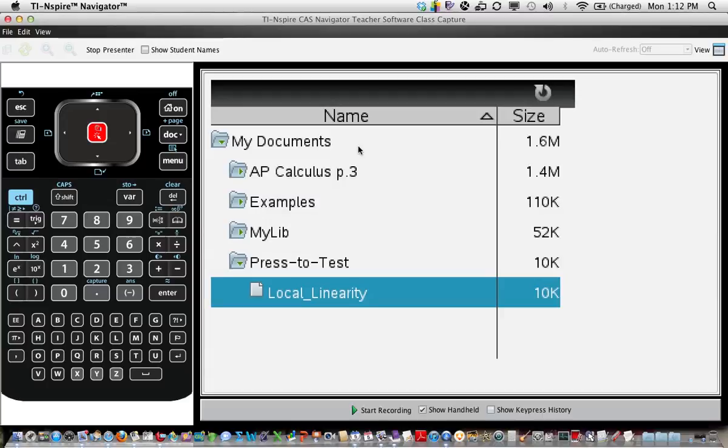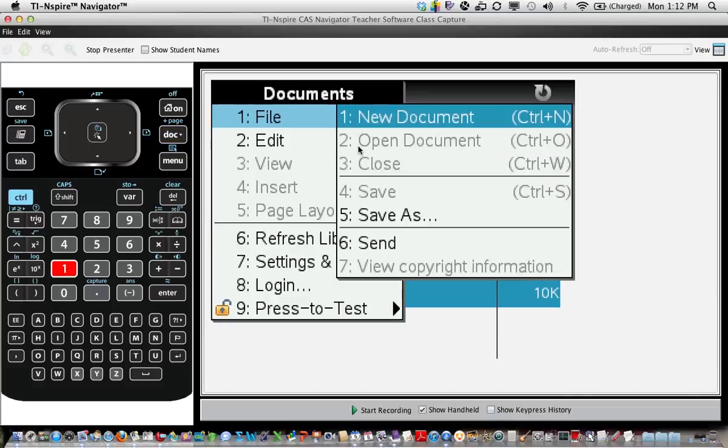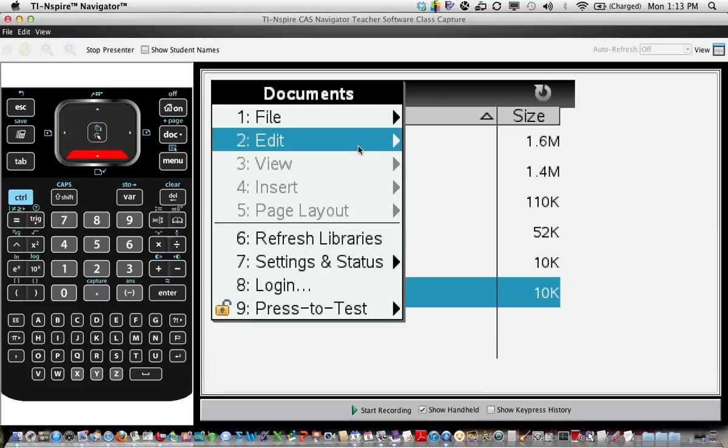Okay, in your Press to Test menu. Now go to the Doc menu, right here, the Doc button, right above menu. And go to File. I'm kind of guessing right now. Okay, that's wrong. Go to Edit. Go hit the back left arrow. Go down to Edit.